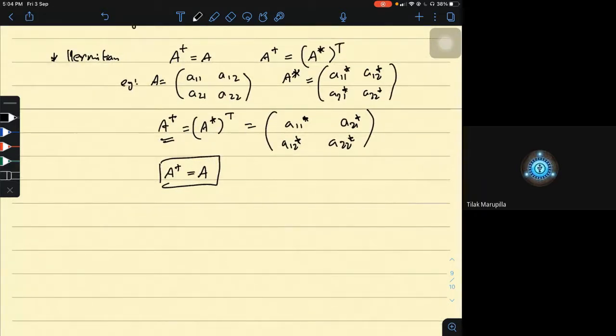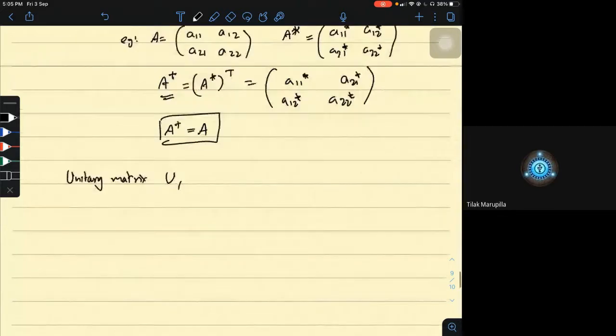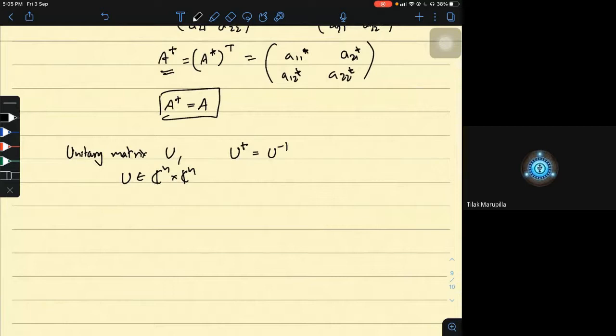Another type of matrix is the unitary matrix, U. Say I have a matrix U, which acts on some complex vector space of dimension n.